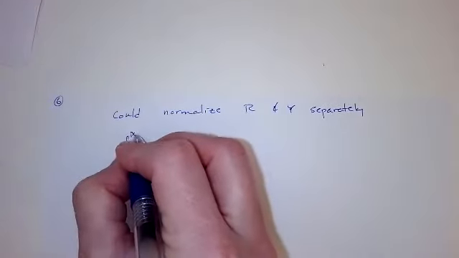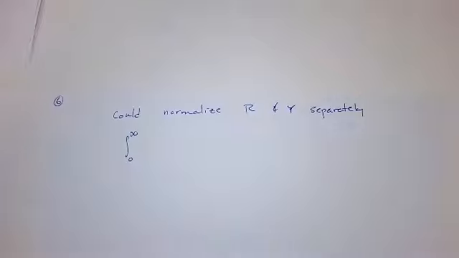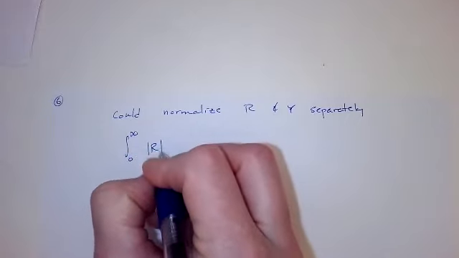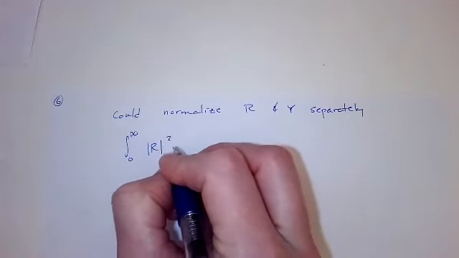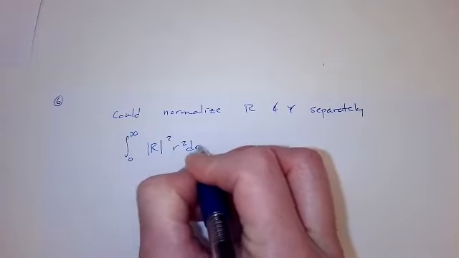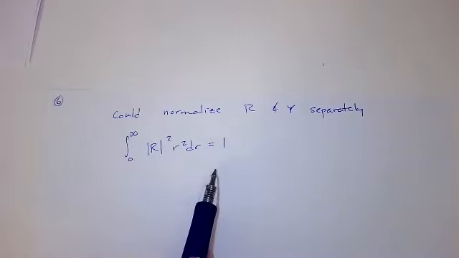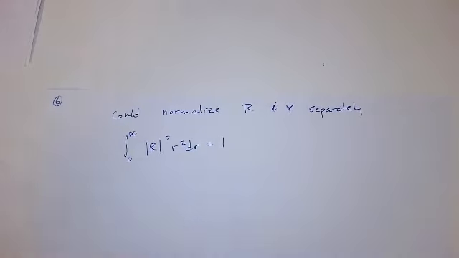And remember, our r in spherical starts at 0, so there are no negative r values. It goes to infinity if we're in all space, or a limit different than infinity if we're limiting our wave function to a smaller space than all space. And that would be our normalization condition for our radial equation.